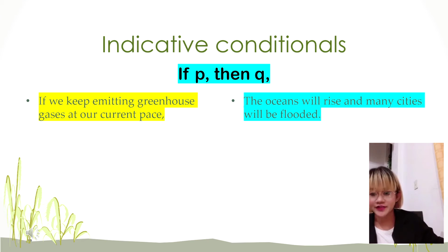For instance, if we keep emitting greenhouse gases at our current pace, the oceans will rise and many cities will be flooded. So guys, which do you think here is the antecedent and which is the consequent?